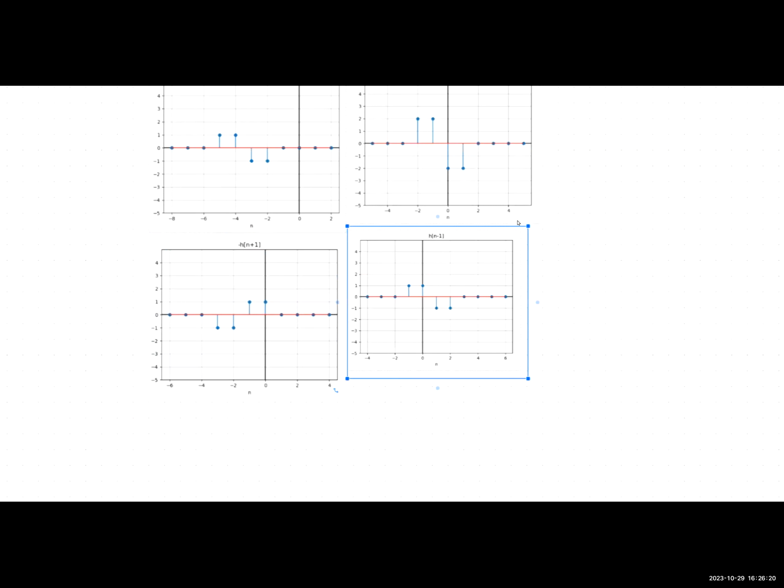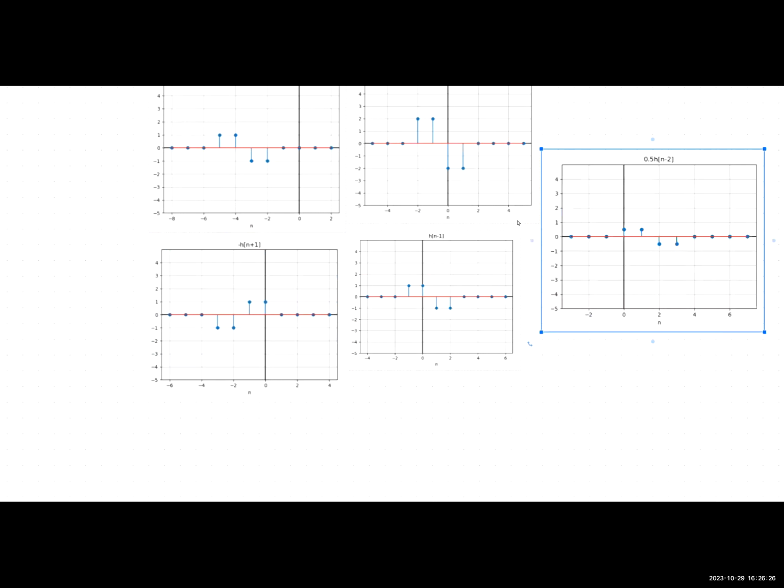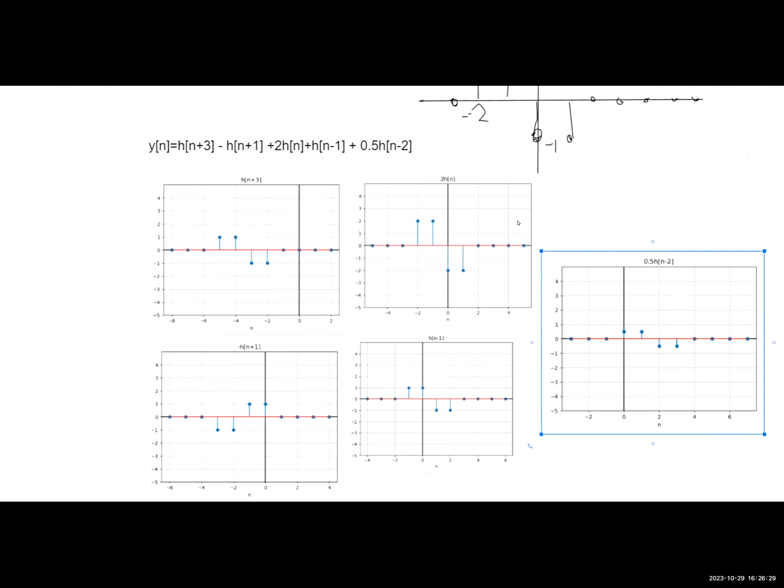And then the last component is right here, and it is 0.5 h of n minus 2. And so in here, I shift it 2 units to the right, and then multiply the amplitude by 0.5.